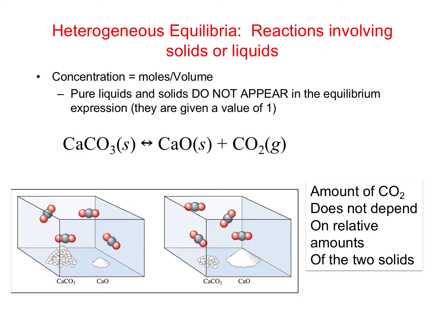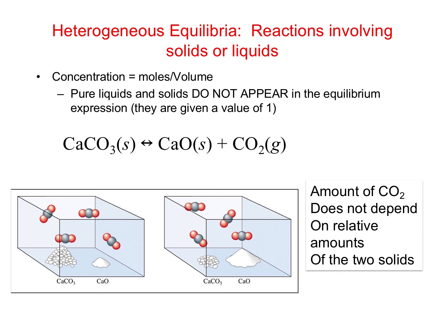Okay, another thing that we need to consider when dealing with equilibrium constants is that only gases and aqueous substances appear in our equilibrium constant expressions. Pure liquids and pure solids do not appear in the equilibrium constant expression, and instead they just have a value of 1.